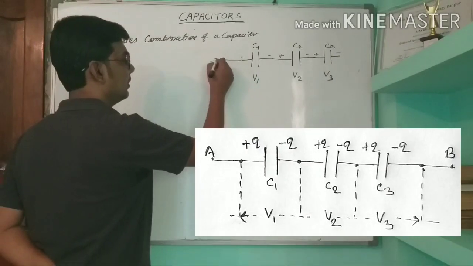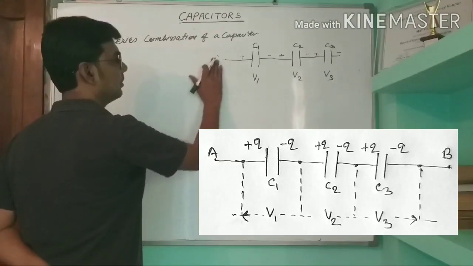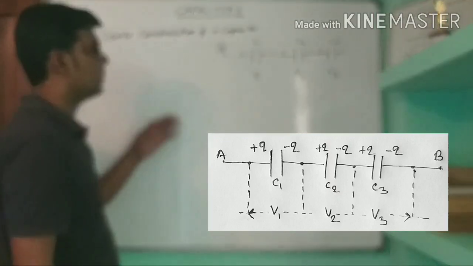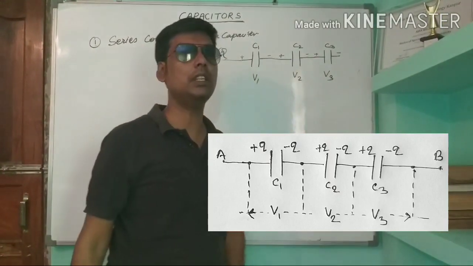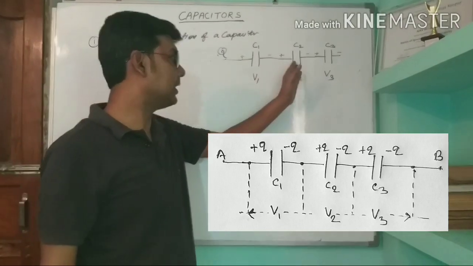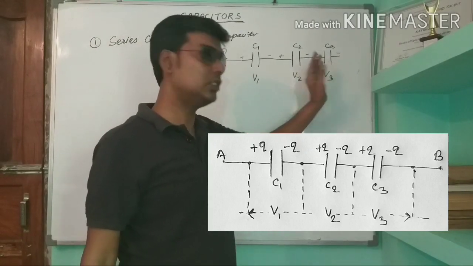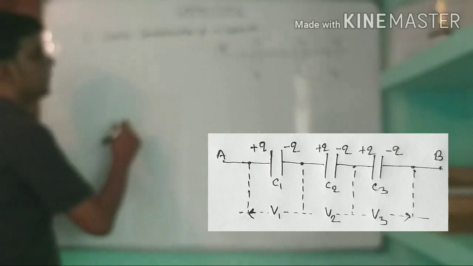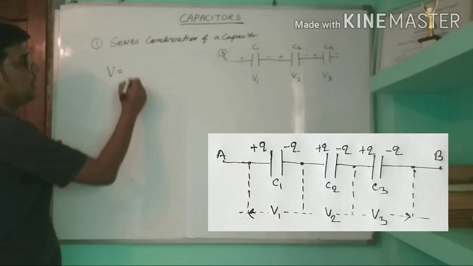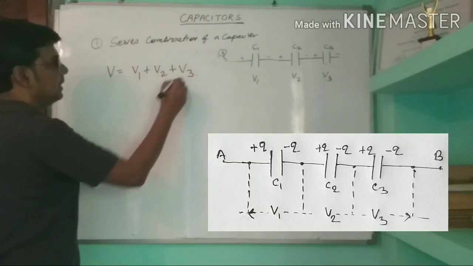The charge Q moves through all three capacitors, so the same charge Q passes through each. The total potential difference V will be equal to V1 plus V2 plus V3.